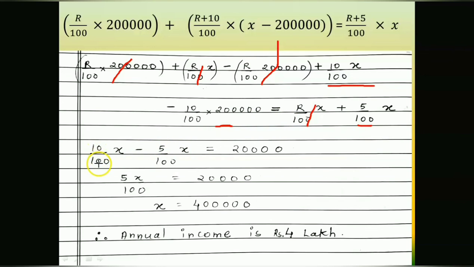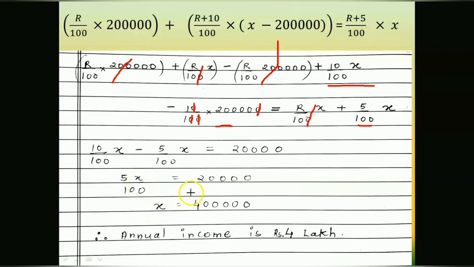So 10 divided by 100 into x minus 5 divided by 100 into x, which is equal to 20,000, because this 0 here will get cancelled with this 0 and this 0 will get cancelled with this 0. Okay, and we are taking this quantity on the other side of this equal to sign, so it becomes positive 20,000. And 10 minus 5 is 5x divided by 100, which is equal to 20,000.